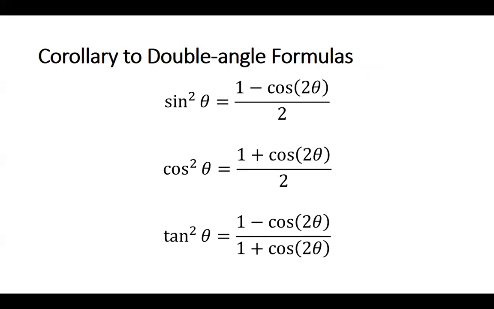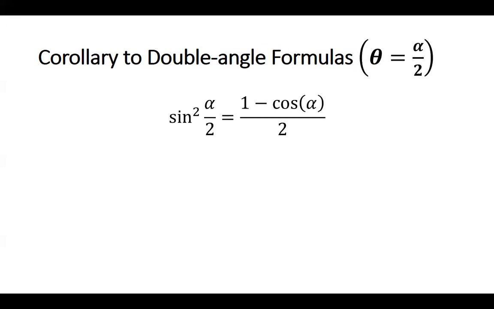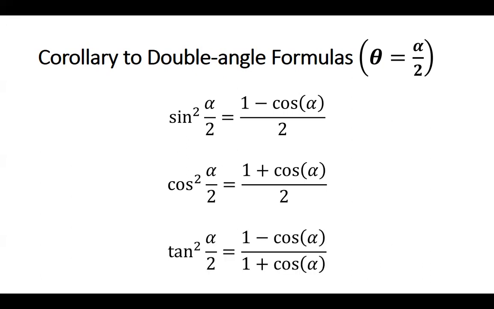So now we're saying that theta is equal to alpha over 2. So you have 1 minus cosine alpha over 2, and then cosine squared alpha over 2 is equal to 1 plus cosine alpha over 2. And then tangent squared alpha over 2 is equal to 1 minus cosine alpha over 1 plus cosine alpha.